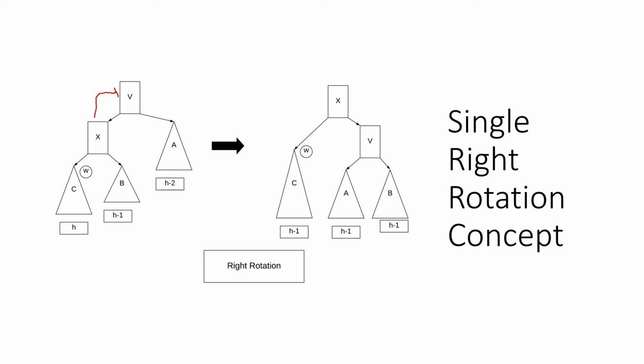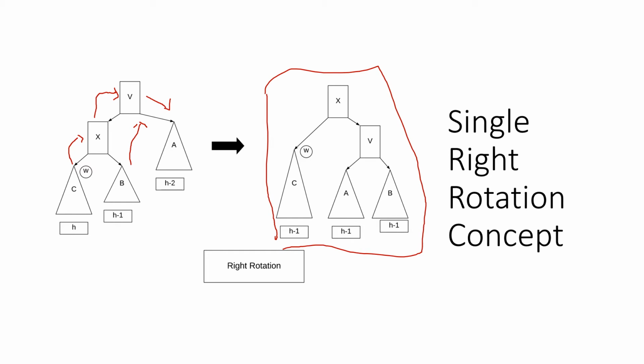X is rotated, and then we are also rotating this, and this will go here. So basically we are rotating everything, and this is what the final answer will be.